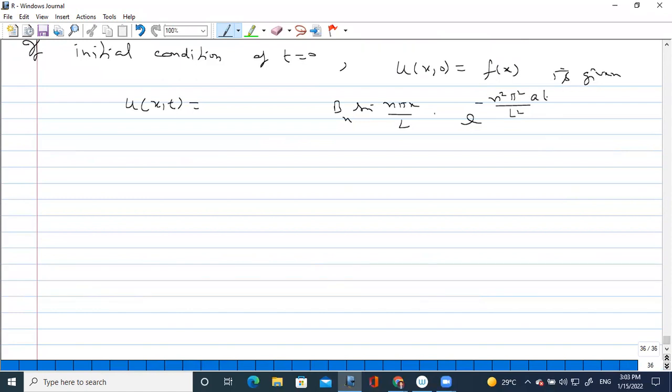Now in this you have to put t equal to 0, and this is summation also, n equal to 0 to infinity.